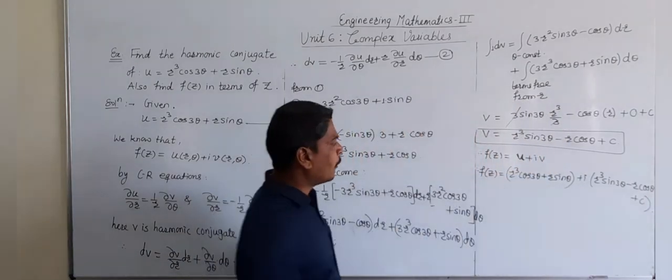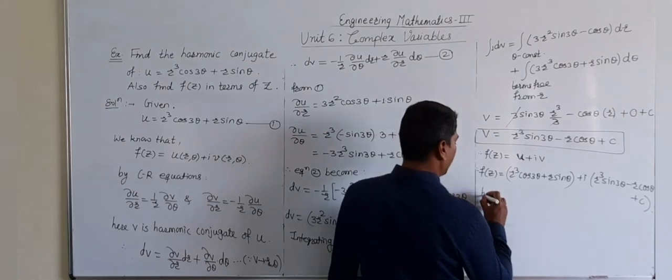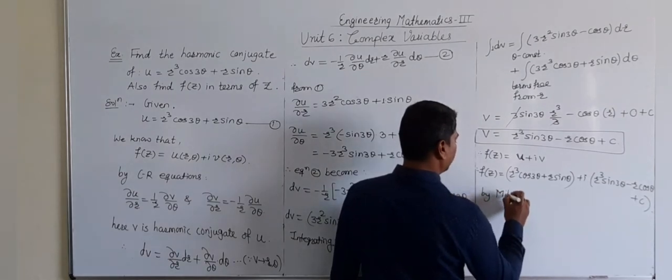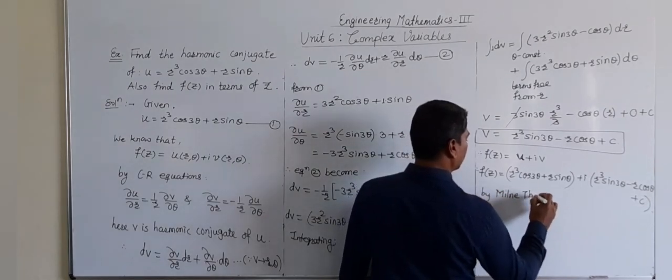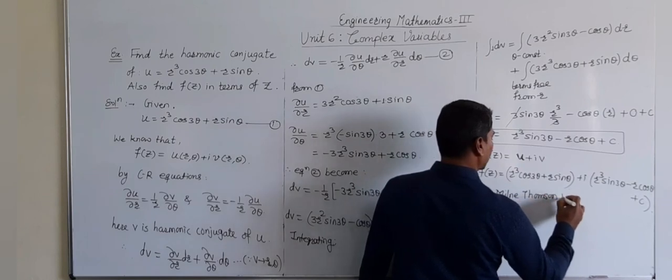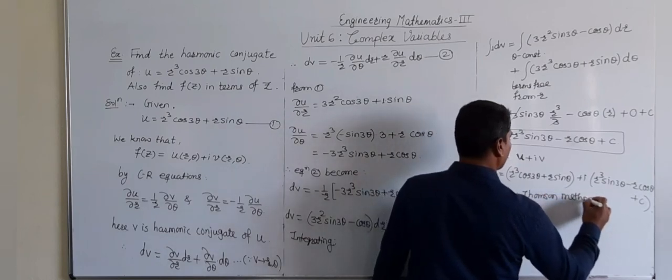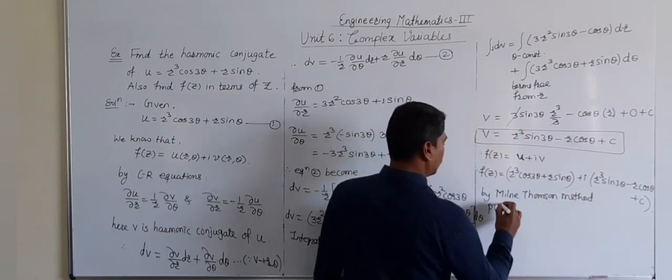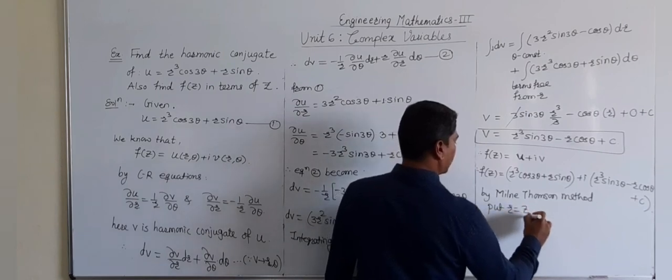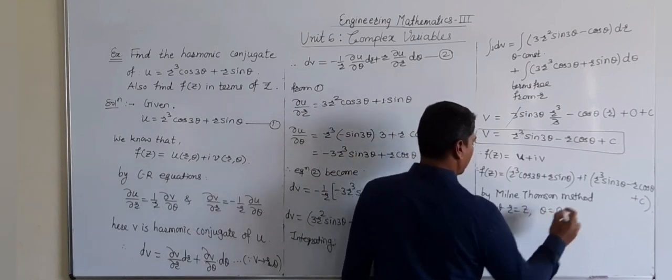And we required f of z in terms of z. So by Milne-Thomson's method, put r is equal to z and theta is equal to 0.